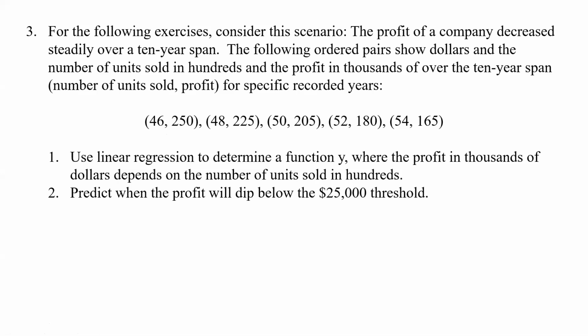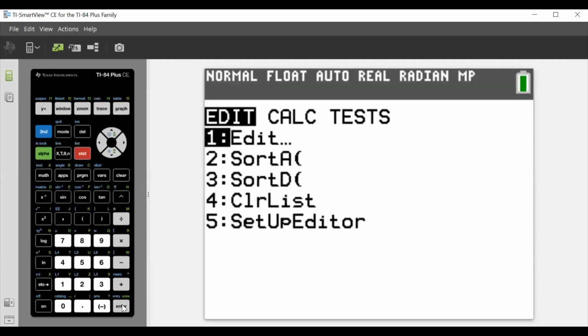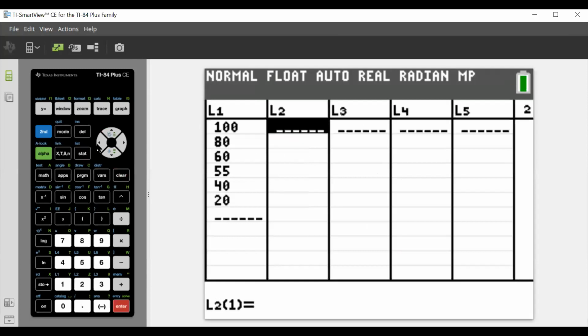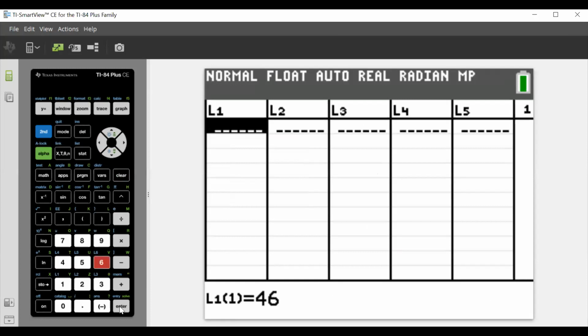All right, so what we need to do is plug that data into our calculator. So we'll go back to our calculator, and we'll go stat, edit, clear out the 2 sets of data. Okay, so now we add them in. So we had 46, 48, 50, 52, and 54.